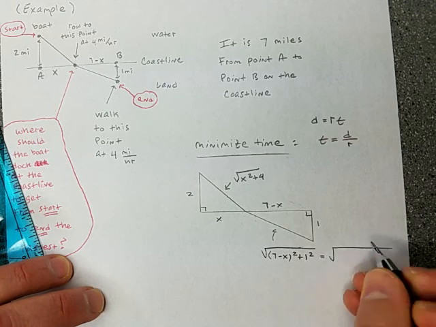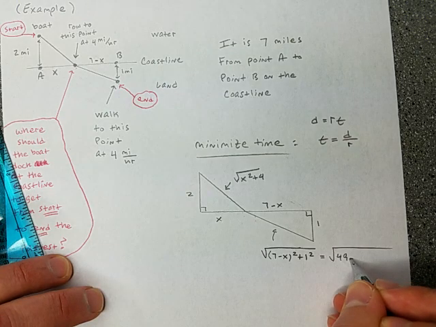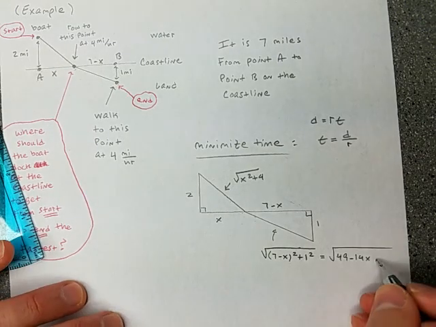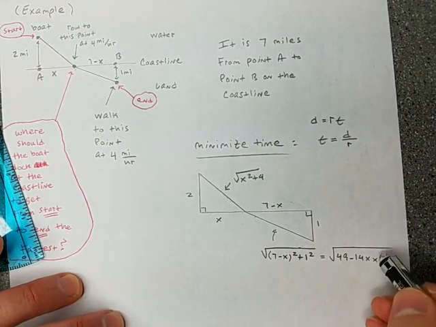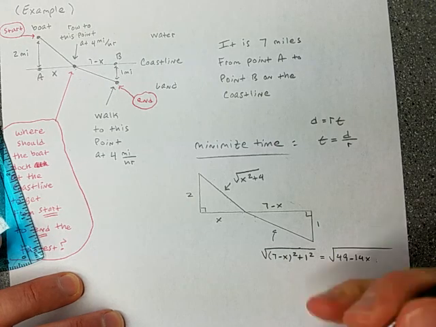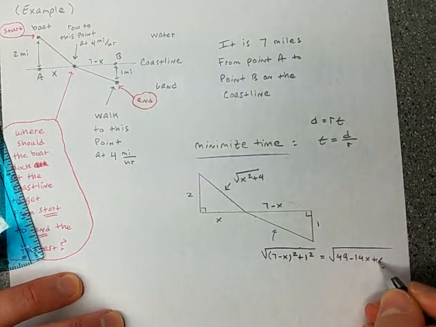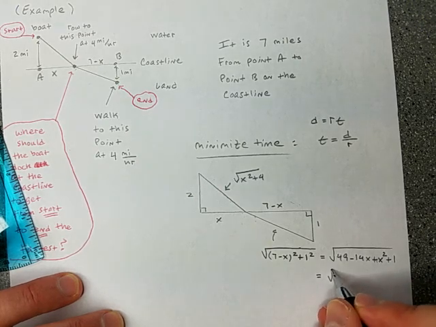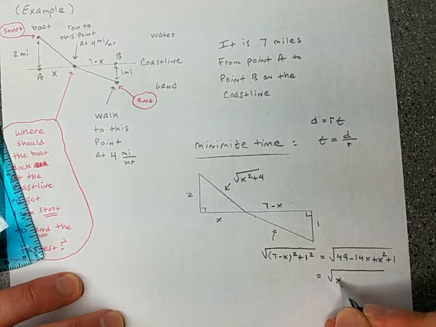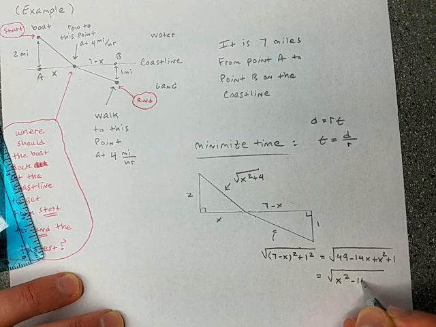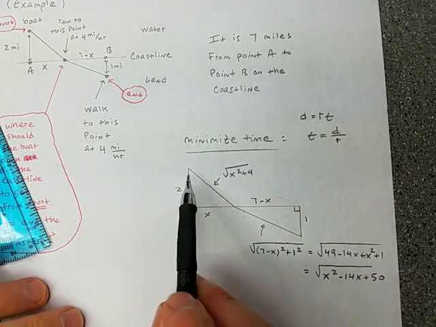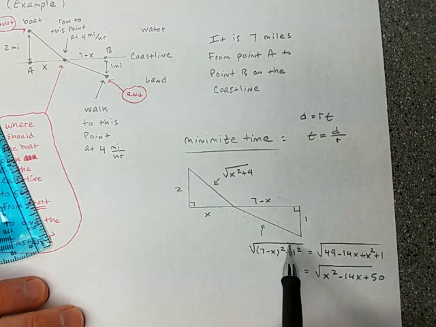So that's going to be 49 minus 14x plus x squared plus 1. Or let's just say x squared minus 14x plus 50. All right, so there are those distances along the water and along the land.